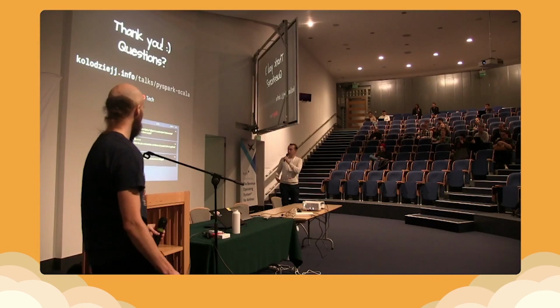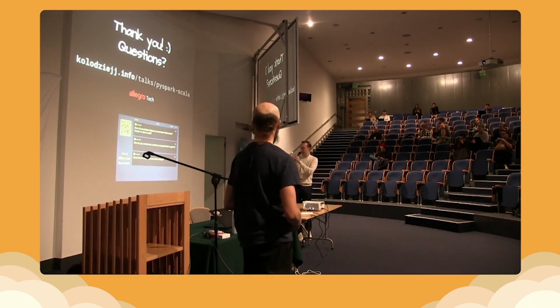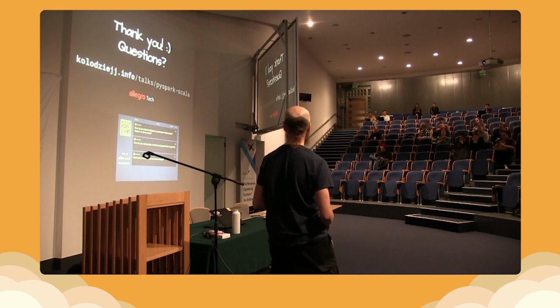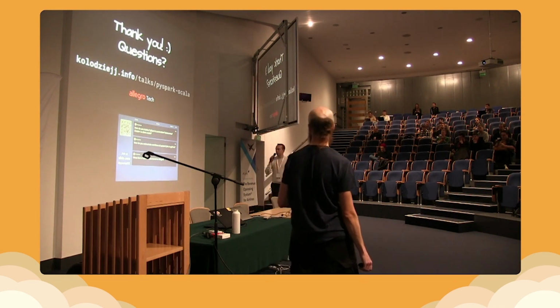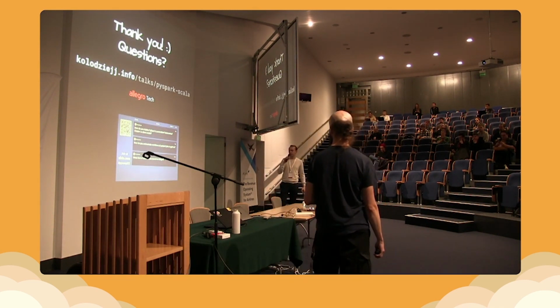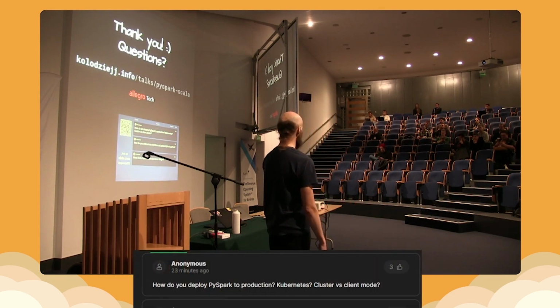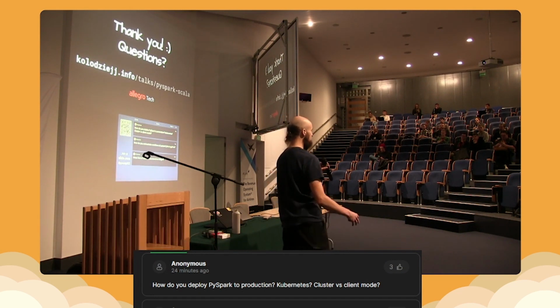Yeah, we have a couple of questions. The first one is about deployment. You already mentioned a little bit about deployment. Maybe you can elaborate on how to deploy PySpark to production, Kubernetes cluster versus client mode. We are using ephemeral Dataproc clusters in Google Cloud, mainly, not only.